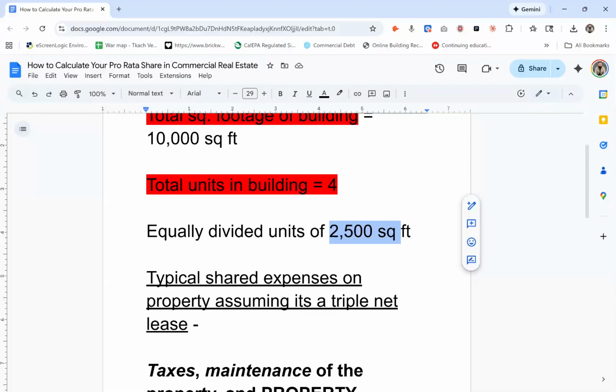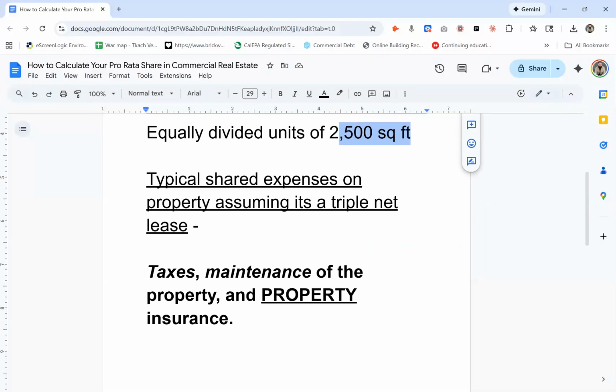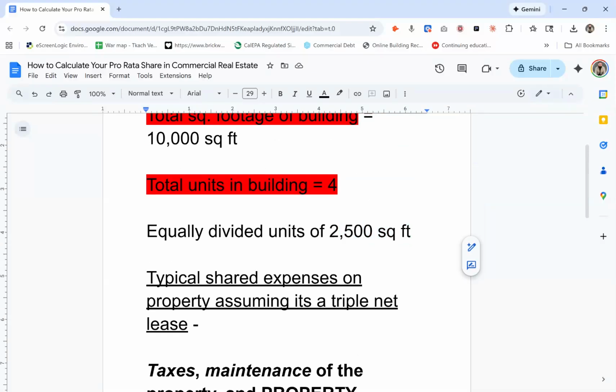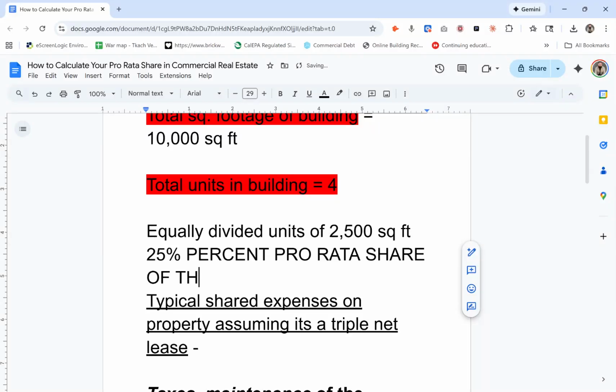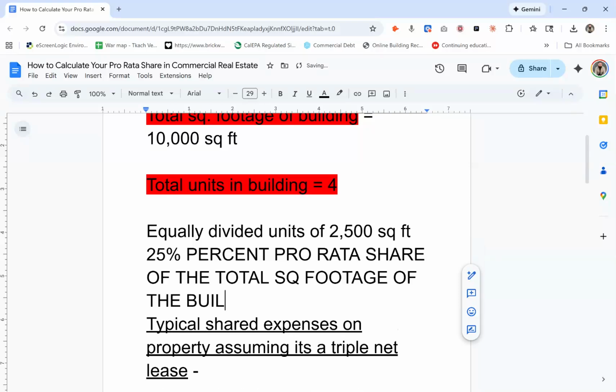So if that is the case, then your pro rata share, if you're occupying a 2,500 square foot unit, is 25%. Pro rata share of the total square footage of the building. Okay, that's very important to understand.